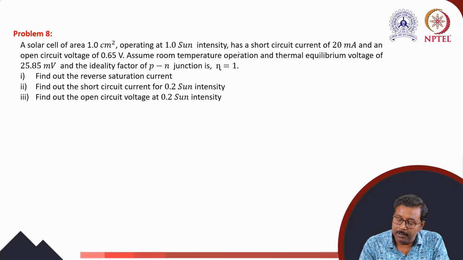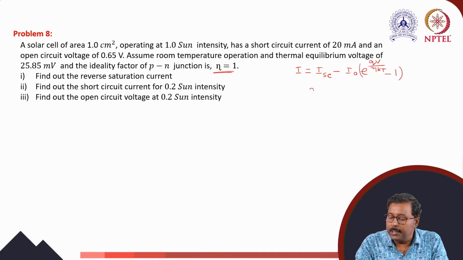Area is given. Short circuit current is given. Open circuit voltage is given. Ideality factor eta. If you observe the expression of net current I, that is equal to ISC minus I0 into e to the power QV by eta KT minus 1.